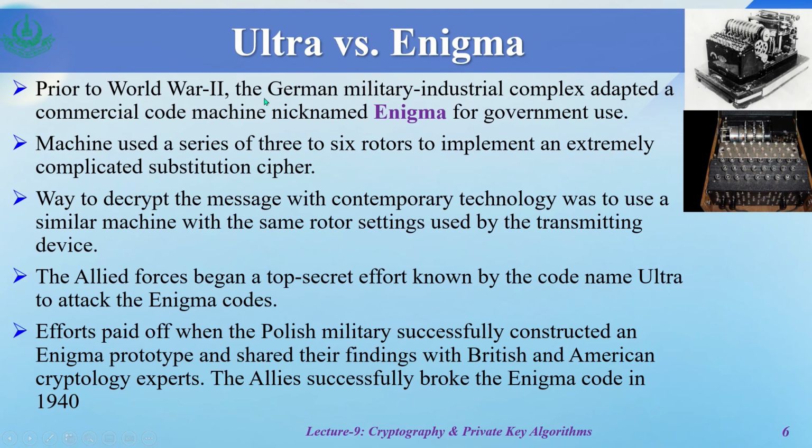Prior to World War II, the German military industrial complex adopted a commercial code machine nicknamed Enigma for government use. The machine used a series of 3 to 6 rotors to implement an extremely complicated substitution cipher. The way to decrypt the message with contemporary technology was to use a similar machine with the same rotor settings used by the transmitting device.